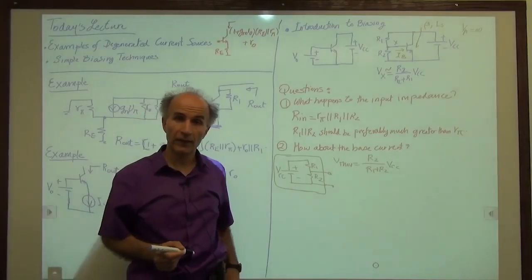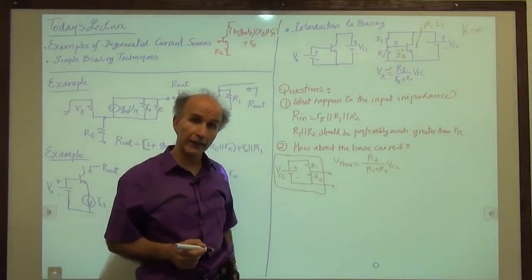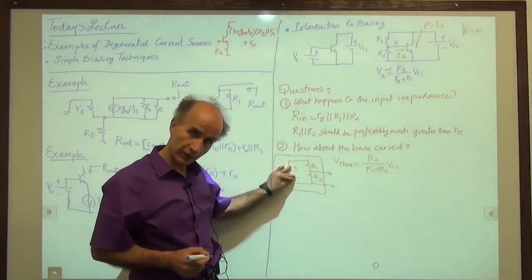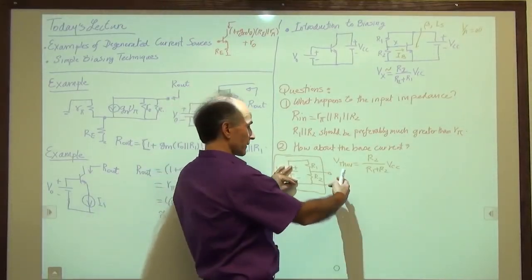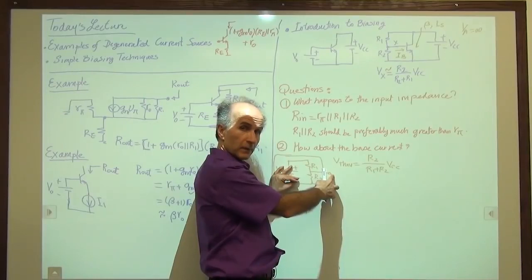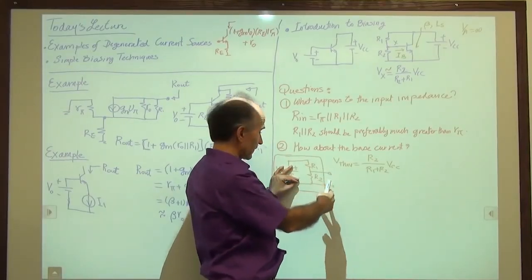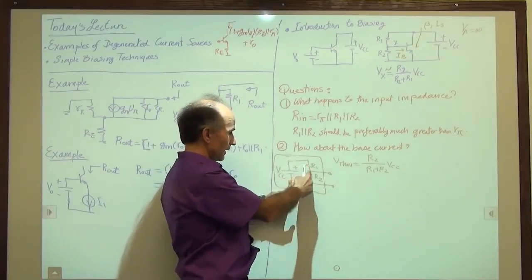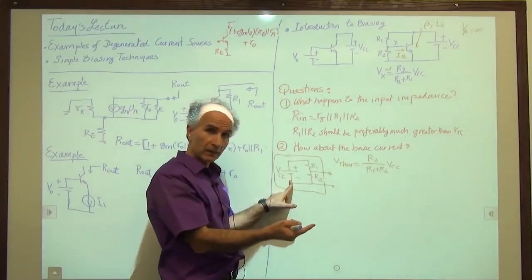And to find the Thevenin resistance, we set all independent sources to 0. This is set to 0, so it becomes a short circuit. And we find the resistance between these 2 terminals. This is easy enough, because if this battery is set to 0, we see that R1 and R2 appear in parallel.